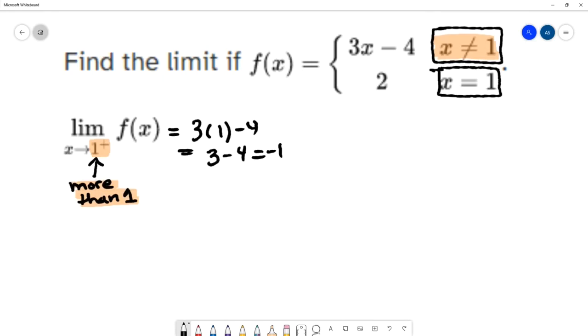In addition to this, let's look at the limit on the other side. The limit as x approaches 1 with the minus of f of x. This is telling us that x is less than 1.